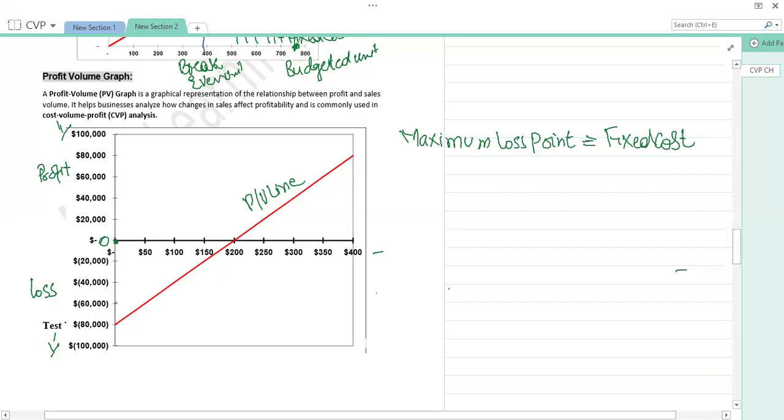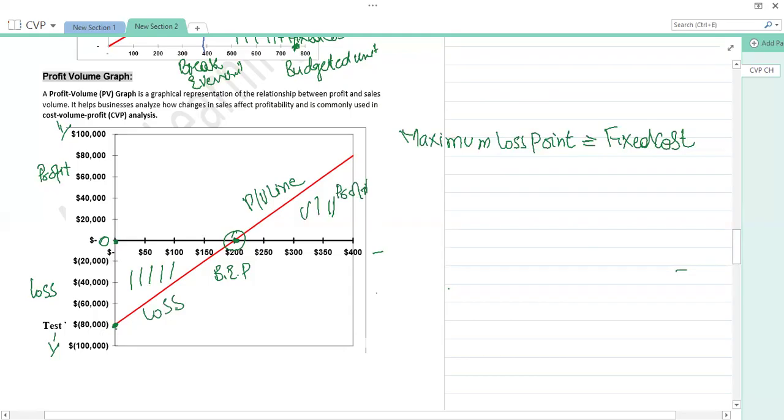So we start from the fixed cost point. This is your fixed cost, and we will move upward. This is your break-even point. Break-even in revenue. Before break-even, you have loss. This is your loss area, and this is your profit area.